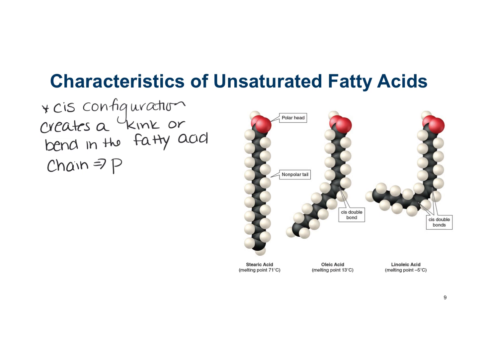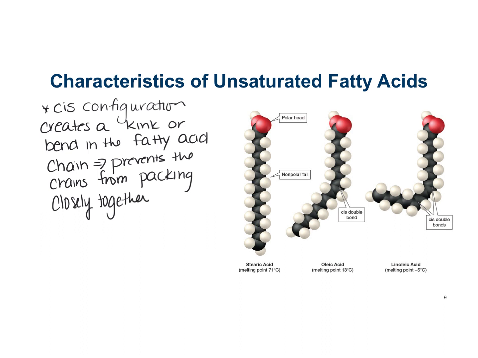And what that does is it prevents the chains from packing closely together. And so what that does is it leads to weaker intermolecular forces and a lower melting point.